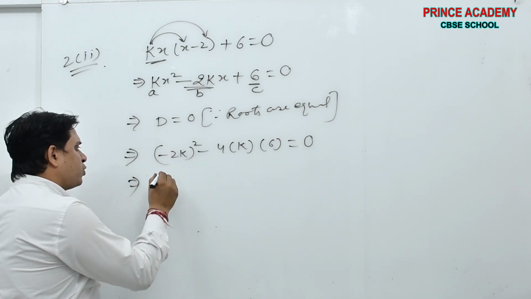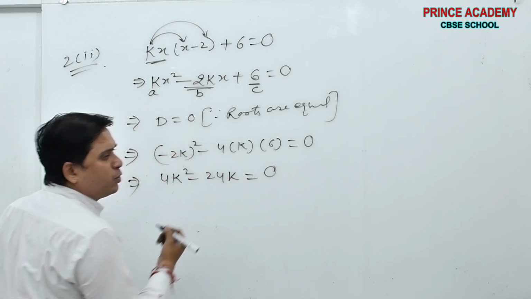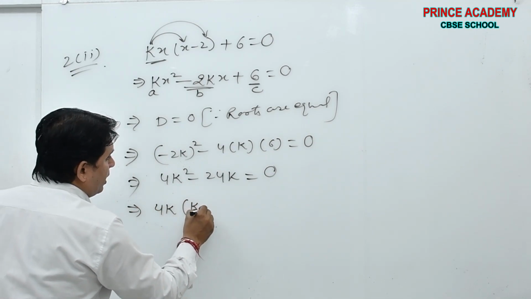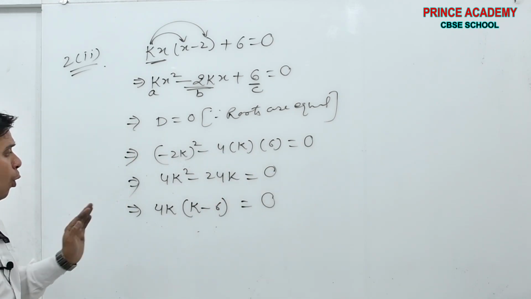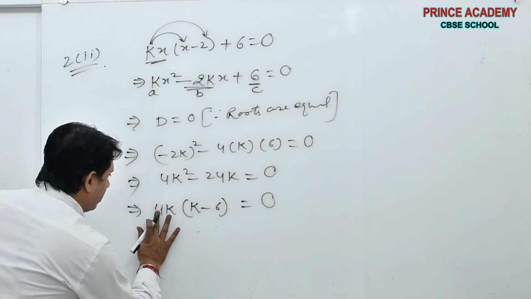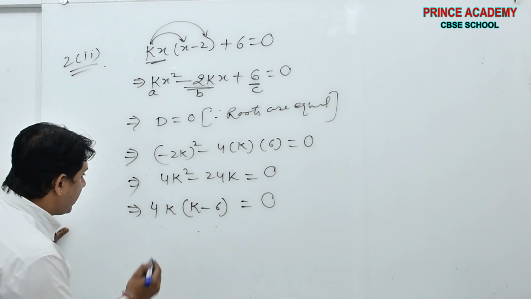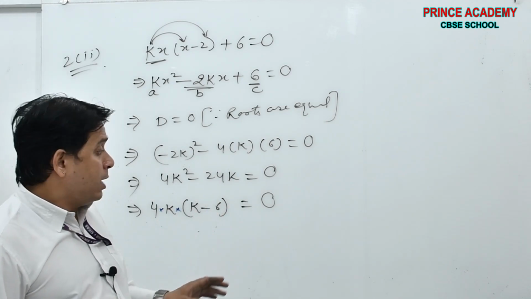Now see what this is: 4k square minus 24k is equal to 0. If you take 4k common, you will get k minus 6 is equal to 0. Now see, beta, what is actually there? This is 4k now. What does it mean? 4 into k into k minus 6 is 0.